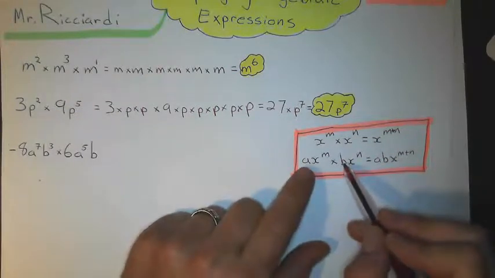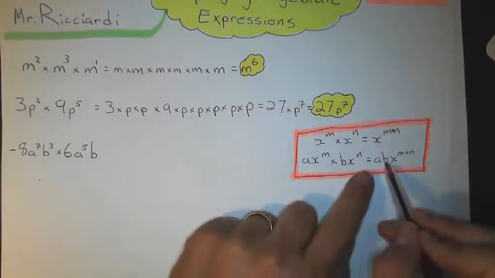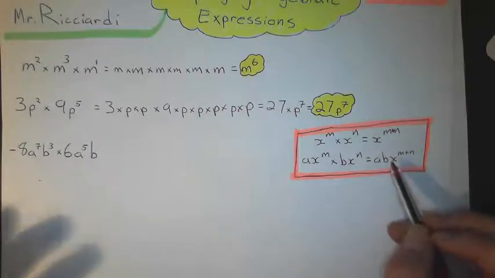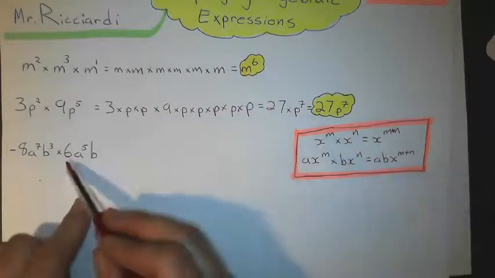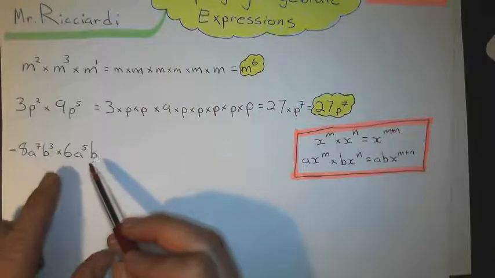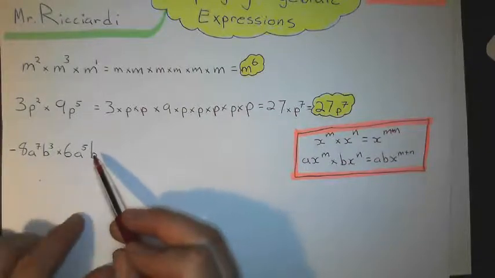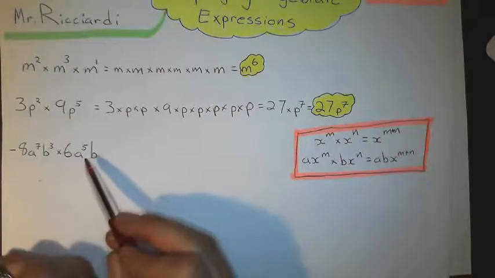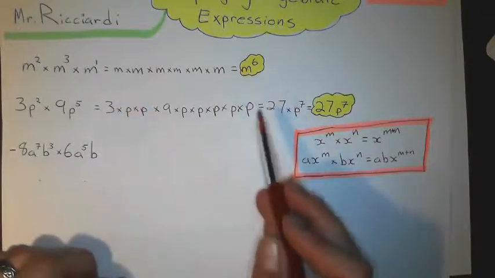So ab is a times b, and we still add the exponents. So, in short, in these examples, if we don't want to write this one out in full, we multiply the coefficients and add the exponents. And if there aren't any exponents, like this b right here, we'll put a 1 there. So go ahead and try this one, not writing it out in full, but using the general rule here, and see if you can get it.